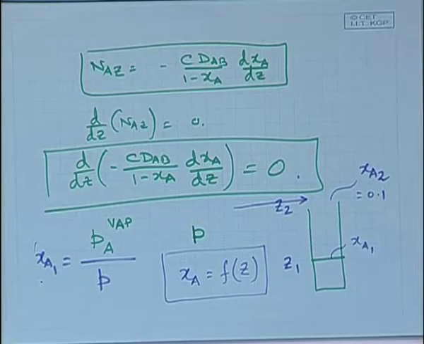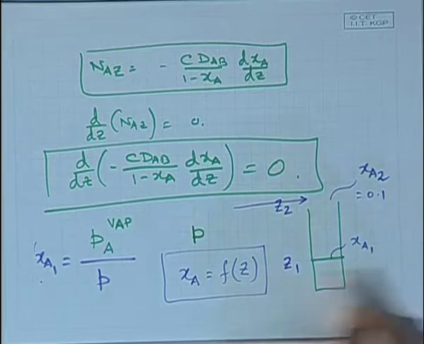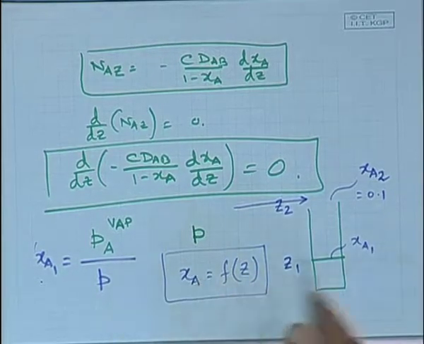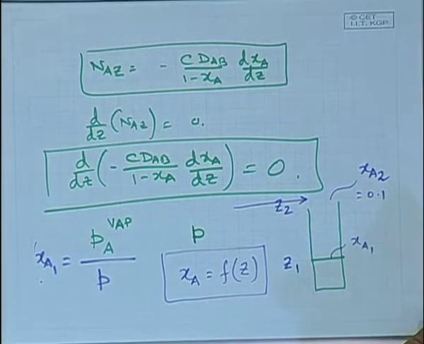Geometric parameter. Which geometric parameter would it contain? No, think about it. Cross sectional area, but would your distribution XA be a function of cross sectional area? XA is not a function of cross sectional area.